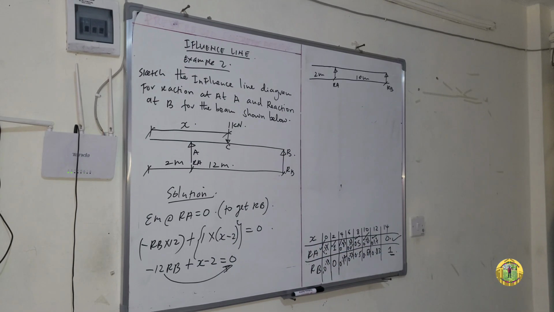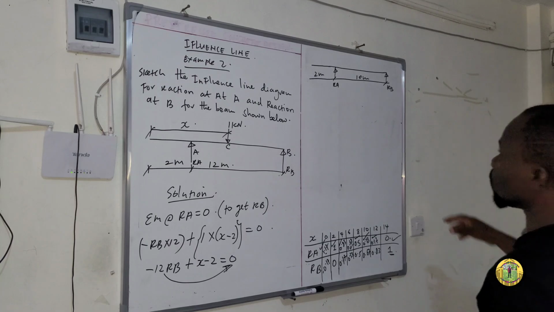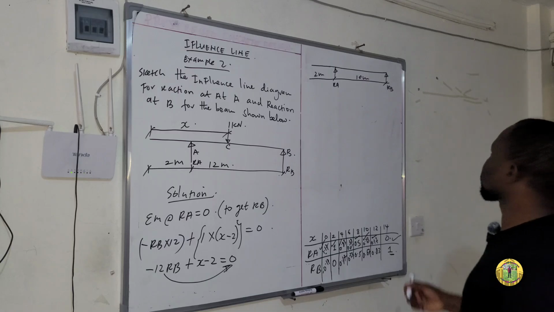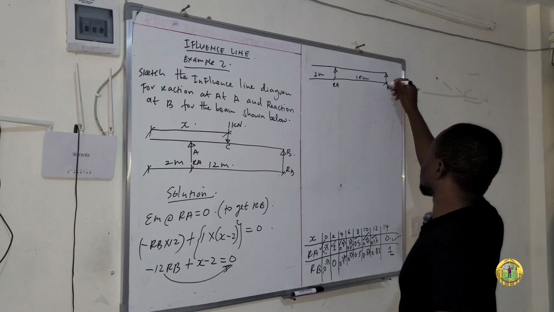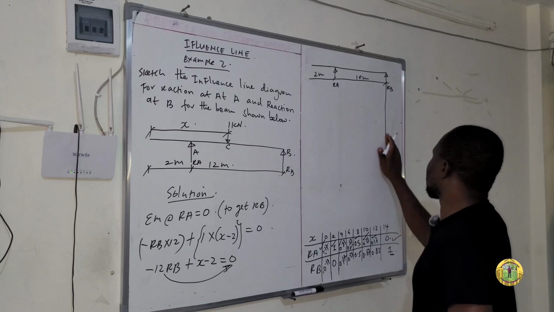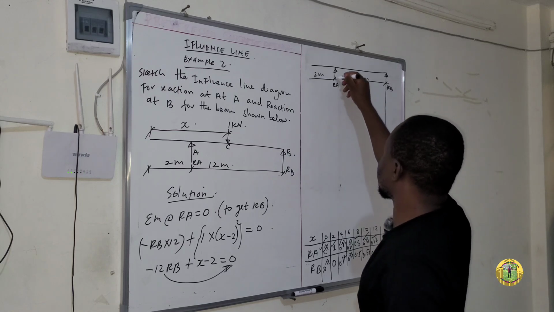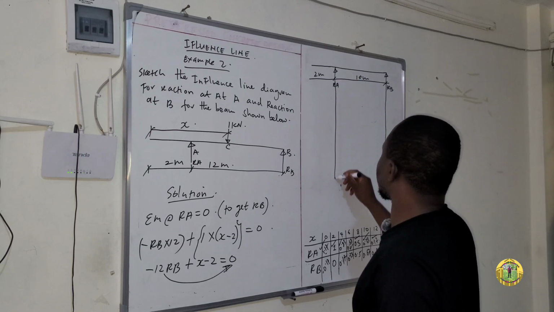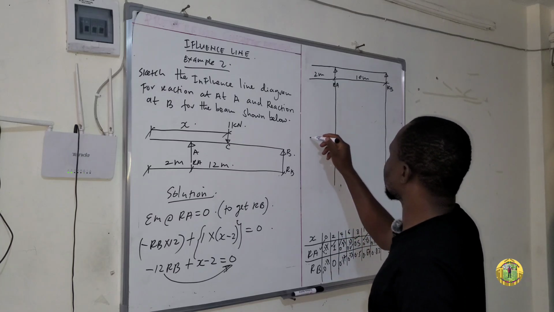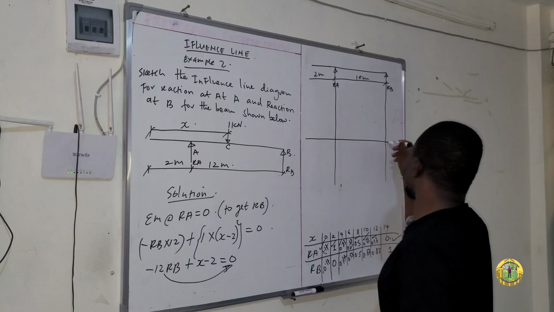So let's now draw the influence line diagram for this beam. So you will extend this line like that. Also extend this one like that. And then you will come and draw the baseline here.